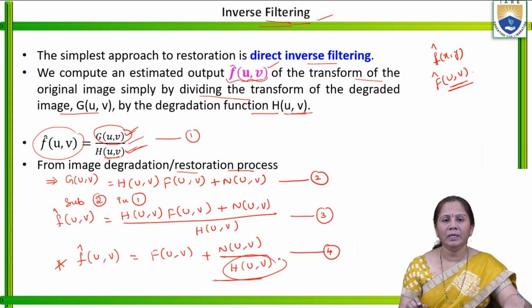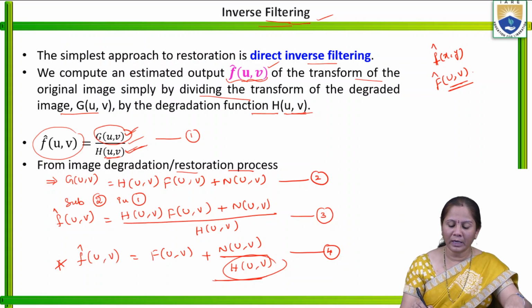H of u comma v is the degradation function. For example, if we consider this h of u comma v degradation function as the value 0, what will happen? The ratio of n of u comma v by 0, this entire term will become infinity.